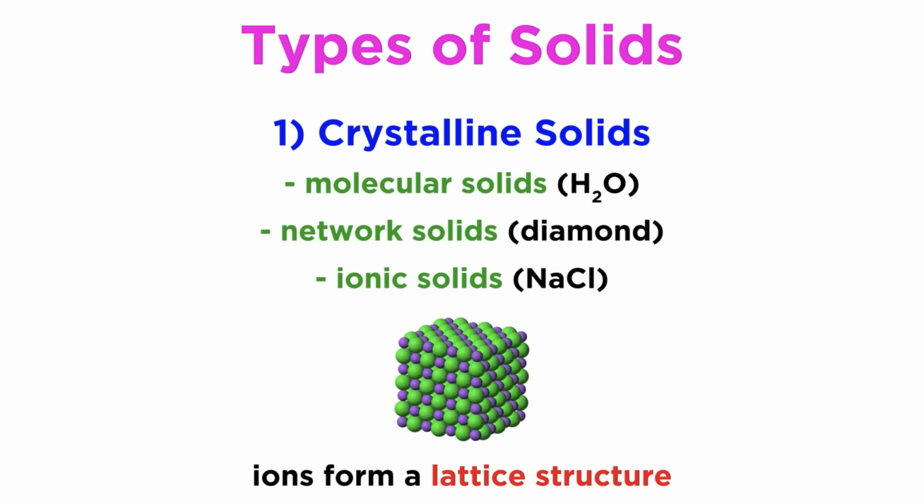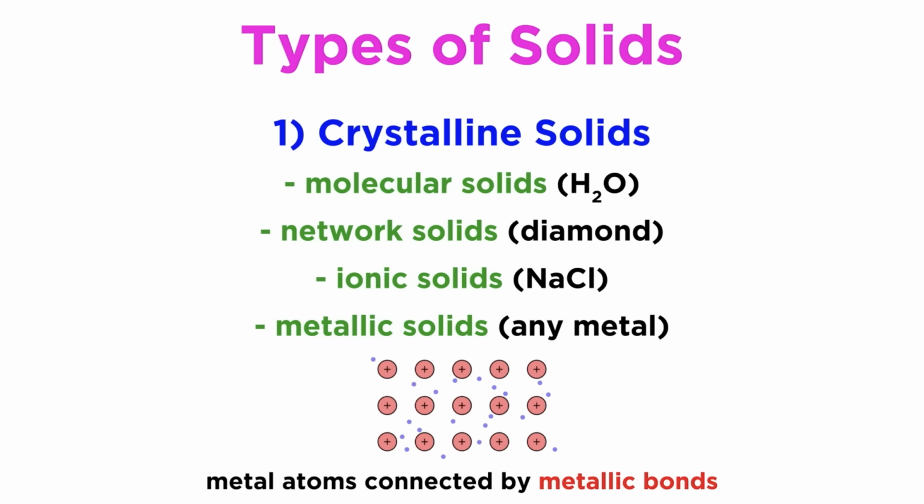This would be something like sodium chloride, with positively charged sodium ions and negatively charged chloride ions in a grid. And metallic solids involve metals, whose atoms form a network just like network solids, except that the metallic bonds that connect them are a little different from regular covalent bonds, due to the way that electrons can delocalize and move freely through the system, allowing for the conduction of electricity.